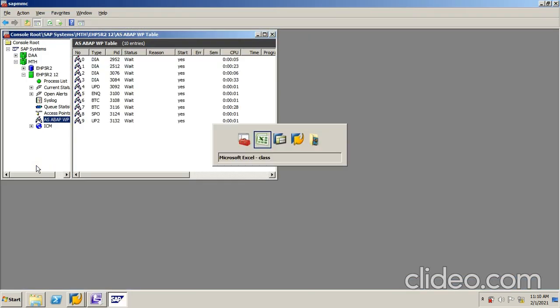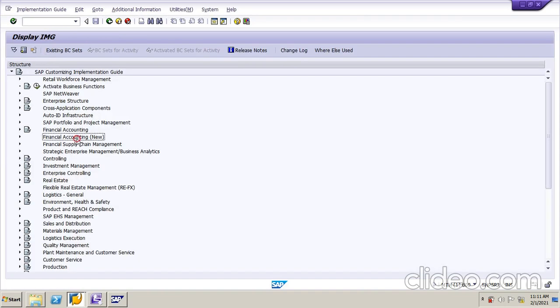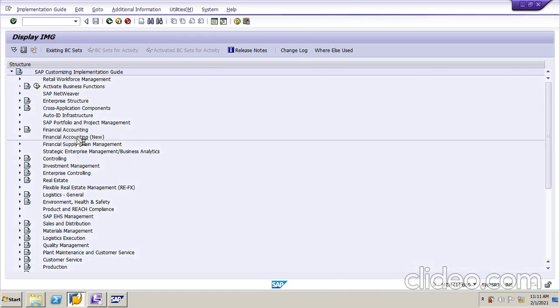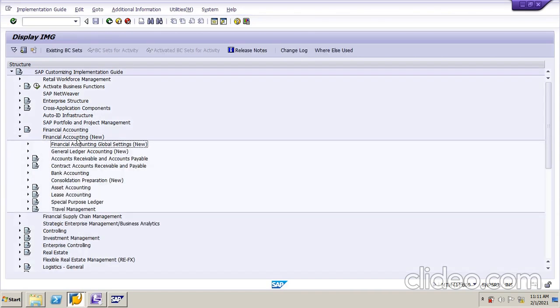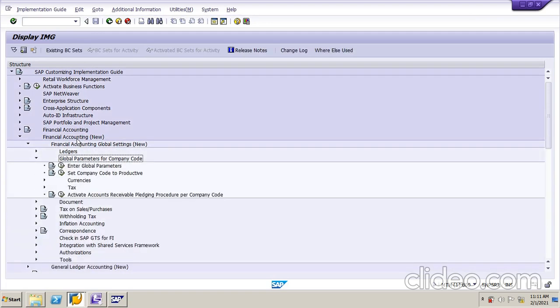So the same path only. Financial accounting new, financial account global settings new, global parameters. Enter global parameters.